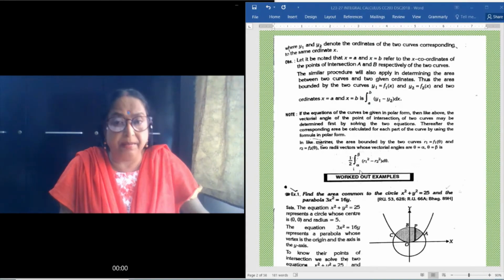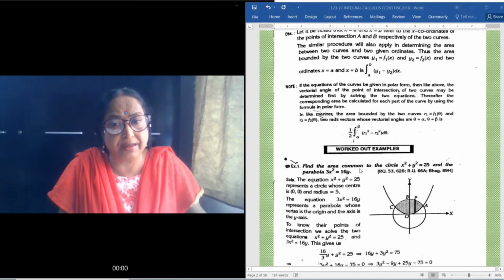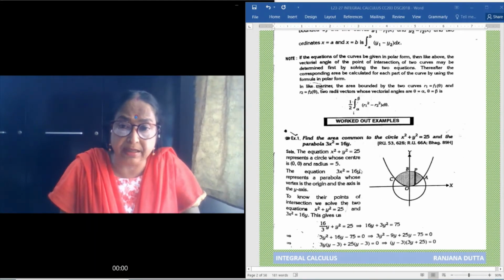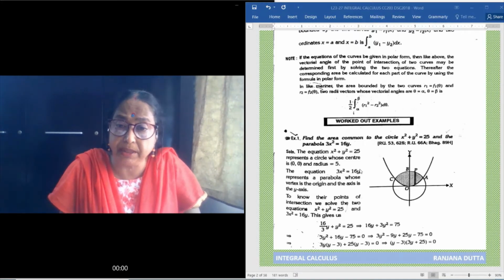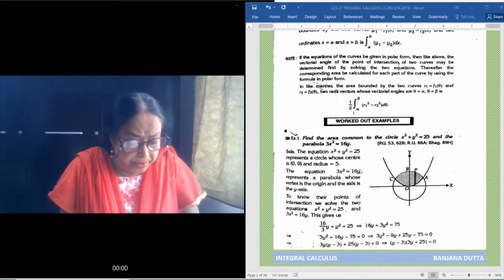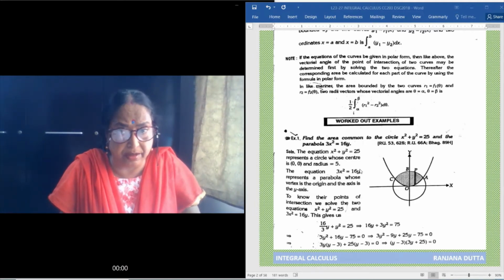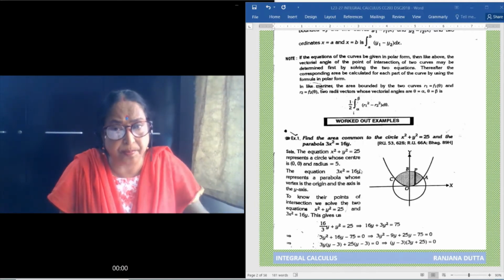Drawing these two curves, we can see the feasible zone, that is the area common to both. I have drawn it on your page.